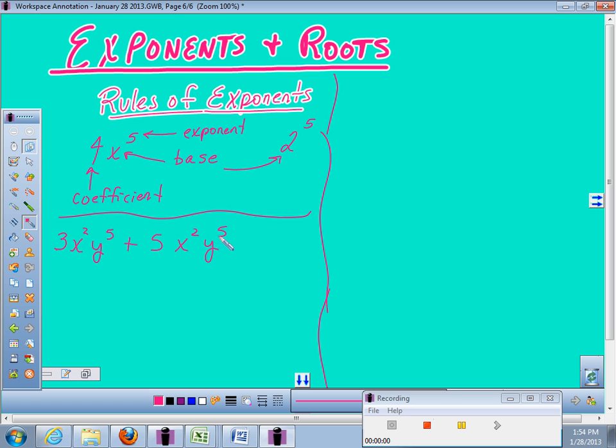You add the coefficient. Do you change the variables or the exponent? No. It's called adding like terms. Are we familiar with adding like terms? So, you'd say 8x squared y to the 5th. You simply add the coefficients, don't change the variables. Okay, that should not be a big surprise to you. Been there, done that. So, rule number 1, here we come.